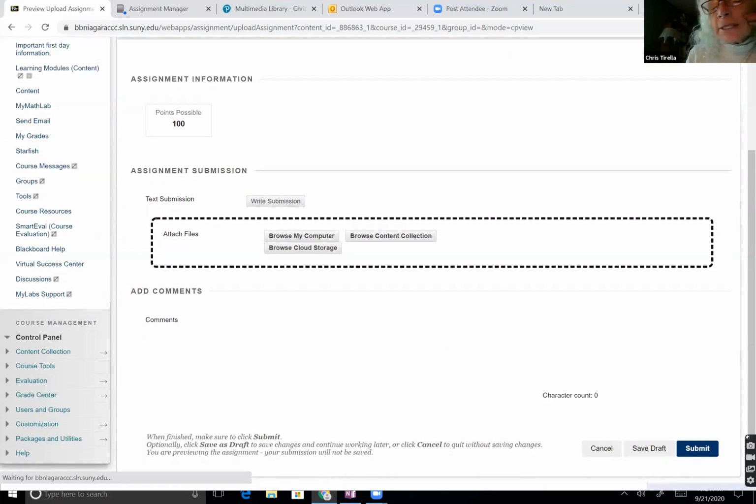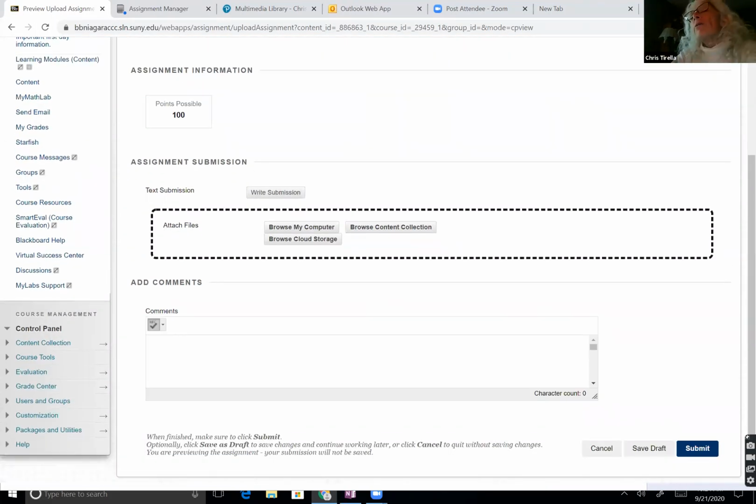It depends from this point on where your work is. If your work is saved to the cloud, you're going to browse your cloud storage. If you scanned it in somewhere and it's saved to your computer, you're going to browse my computer.